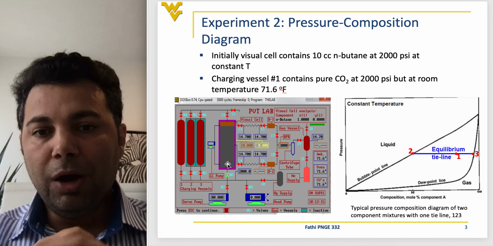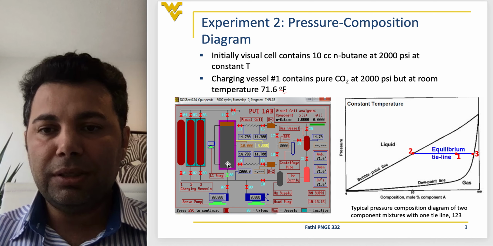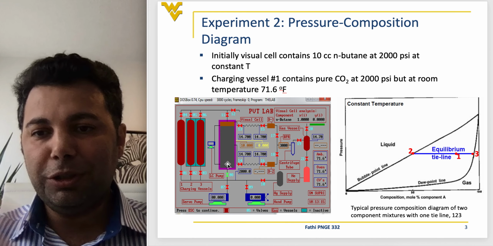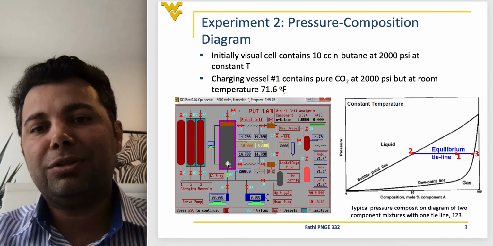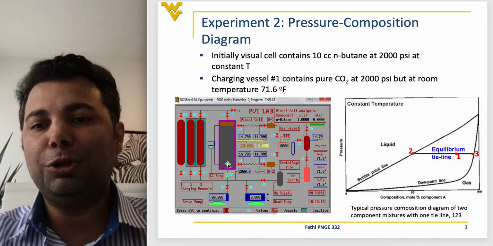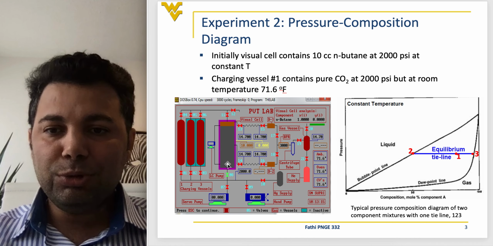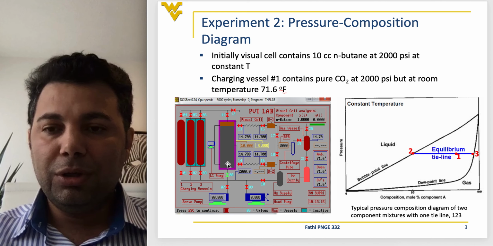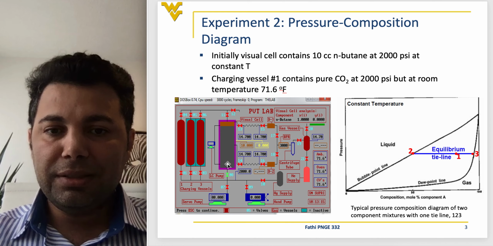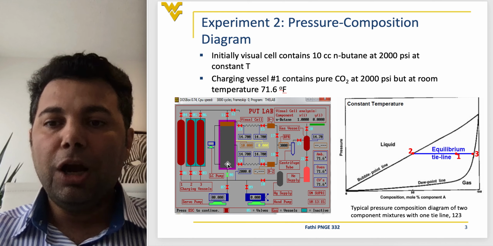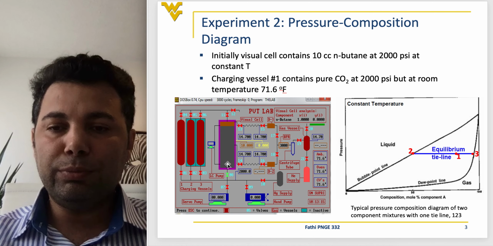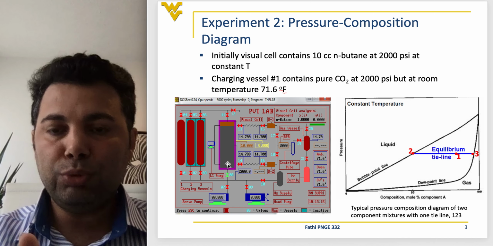However, this is not practical in the lab, because every time you generate a mixture, you don't just dump it and waste all the mixture and come up with a new one. In the actual lab, what we do is incremental. When we generate a mixture of, let's say, 10% CO2, 90% N-butane, we ask how much more CO2 we need to add to make this 10%, 90% into 20%, 80%.